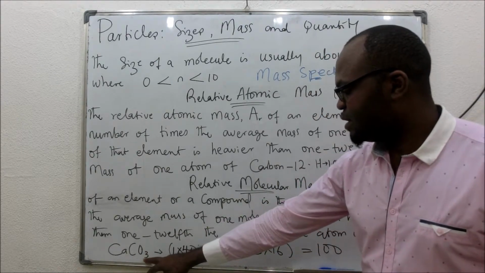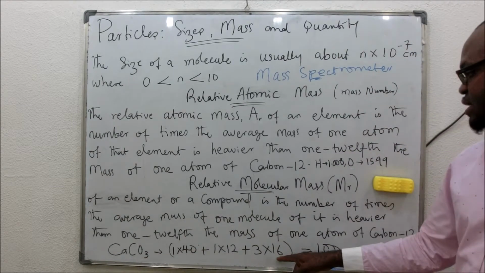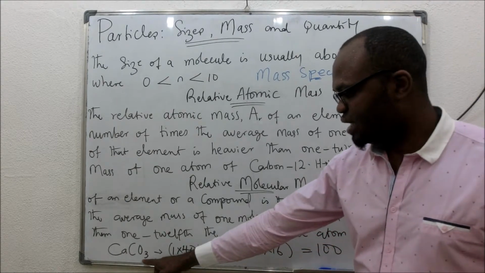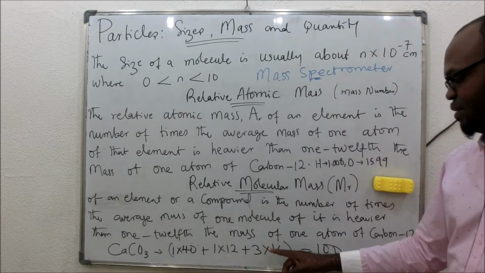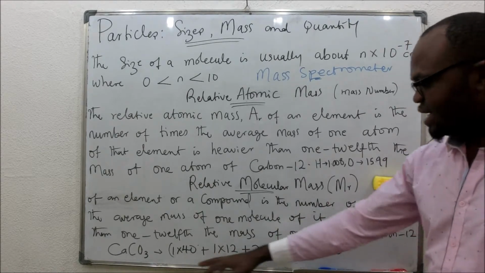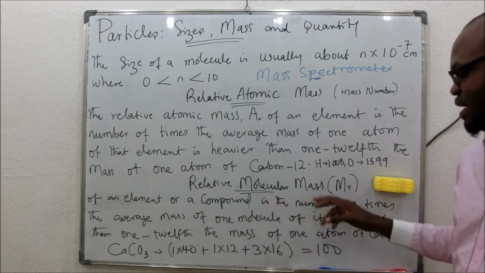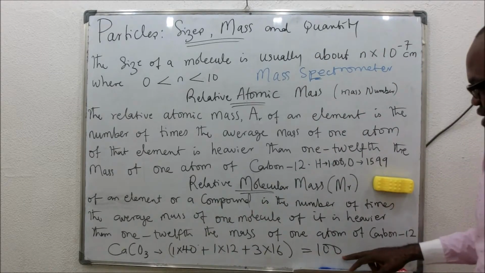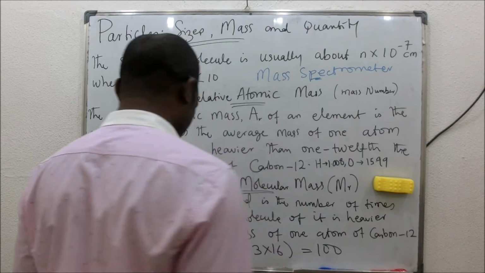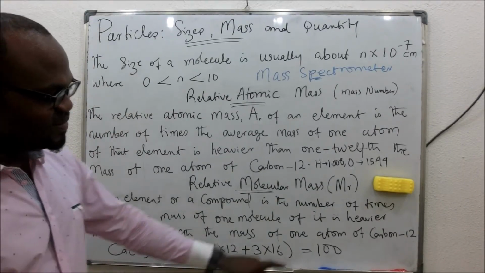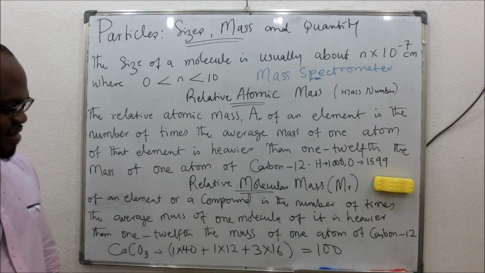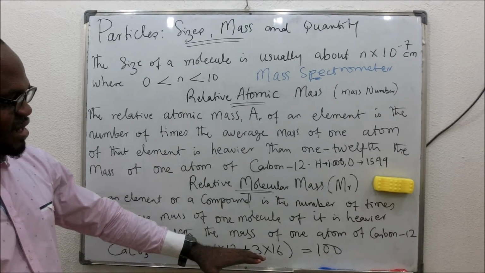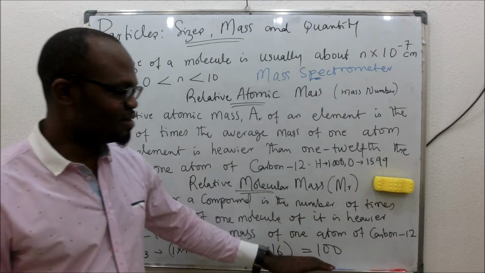The relative atomic mass of oxygen is 16, as we have here, 15.99, approximately 16, but there are 3 atoms of oxygen, so we have times 3. When you multiply out and add up together, the relative molecular mass of calcium carbonate is 100. Very, very simple. So you use this 100 in your calculation.